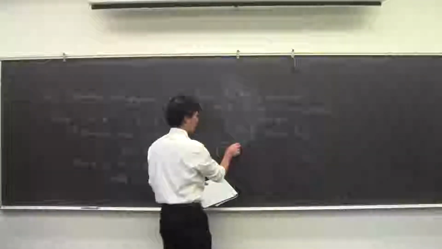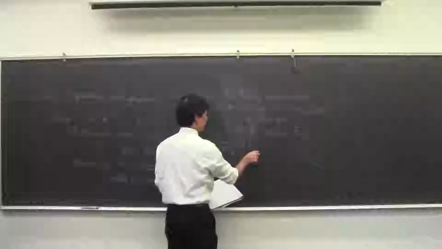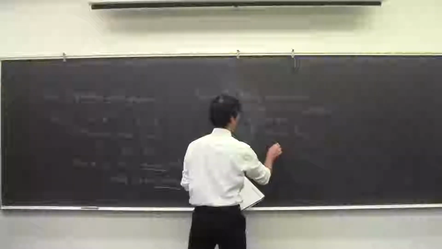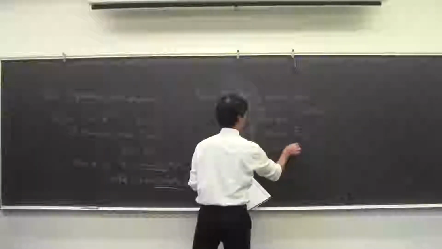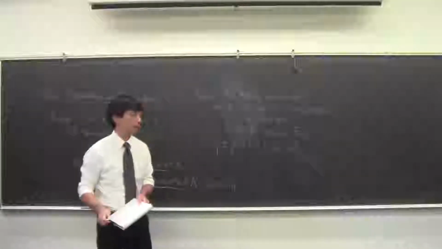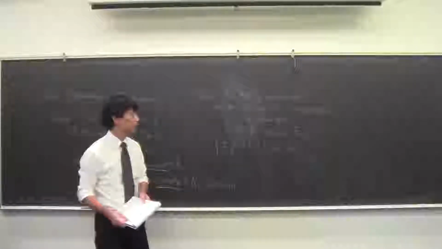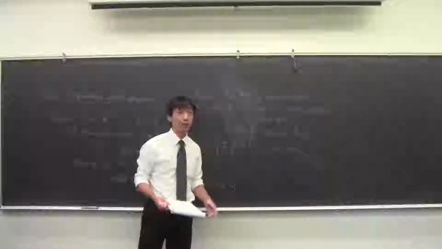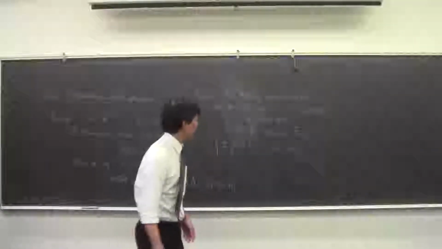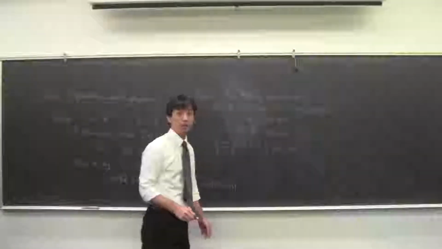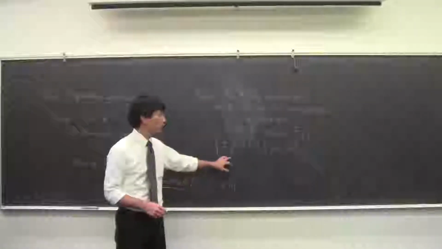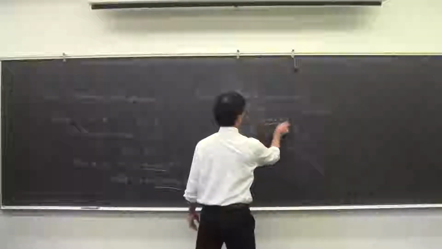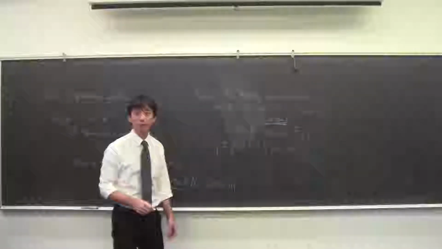To put it in notation, E sub lambda is the set of all vectors v such that Av equals lambda v. So it's the set of all eigenvectors with that eigenvalue. I want you to think about it for a minute or two and try to convince yourself that that really is a subspace.